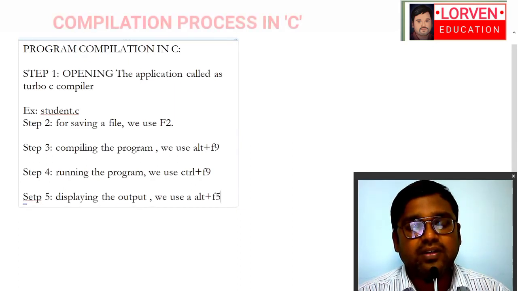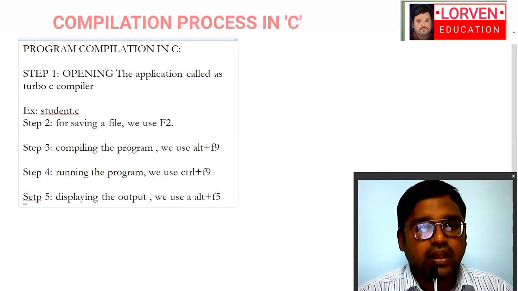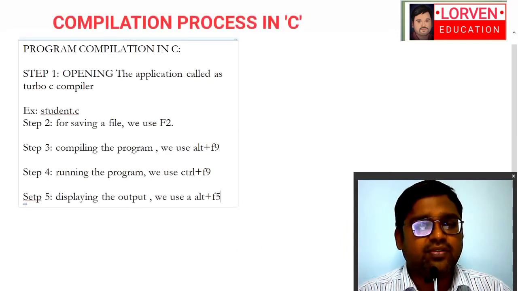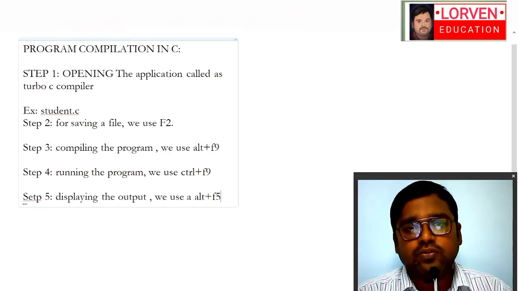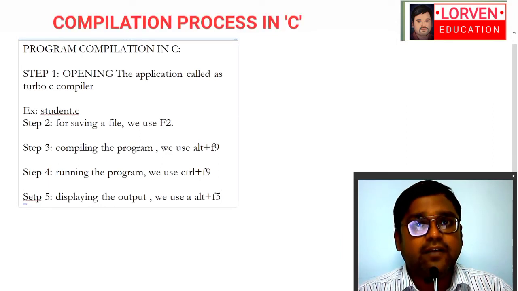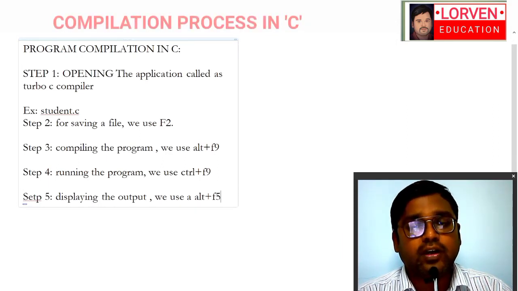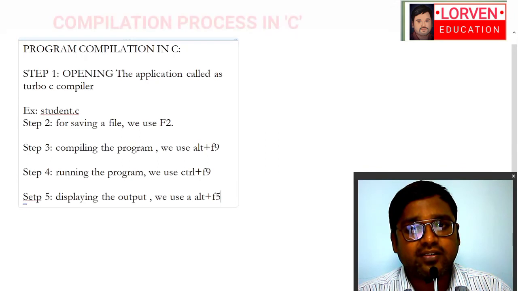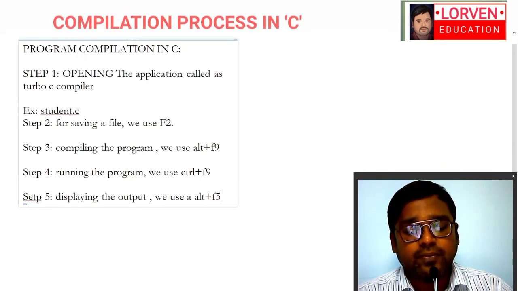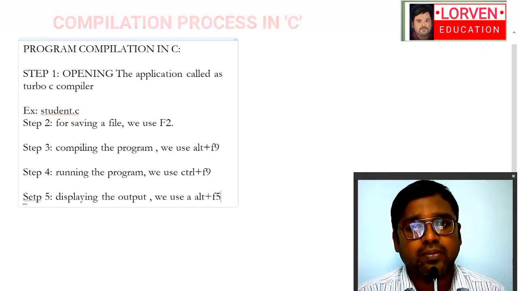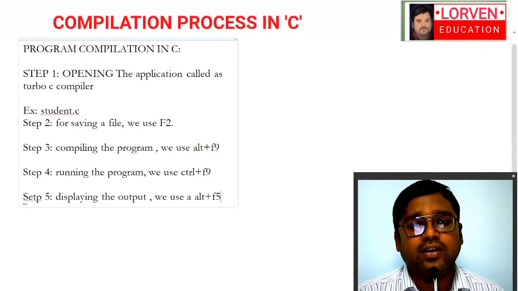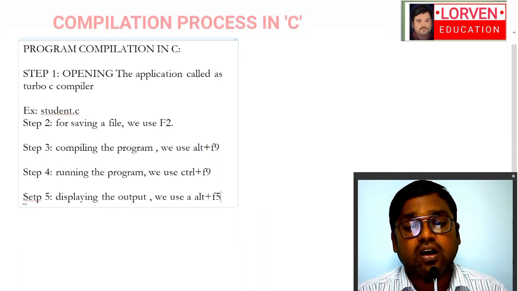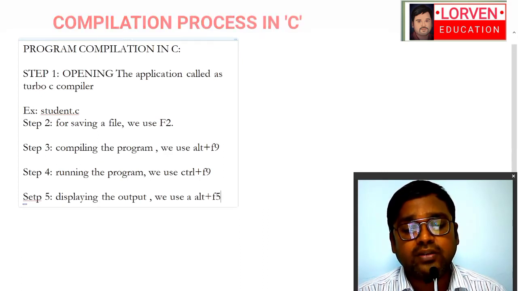Many teachers will tell you these are the 5 steps used for program compilation, but we have one more step, and that is for tracing. Using tracing, you can easily understand where the cursor is jumping from step to step. The cursor has control over the program, and if we follow the cursor, we can easily understand the logic through which the program is executed.